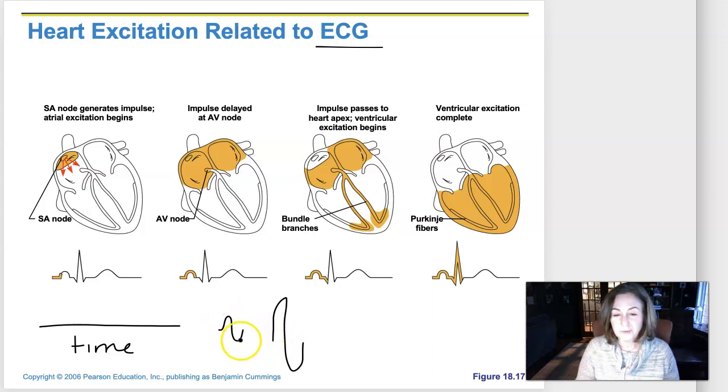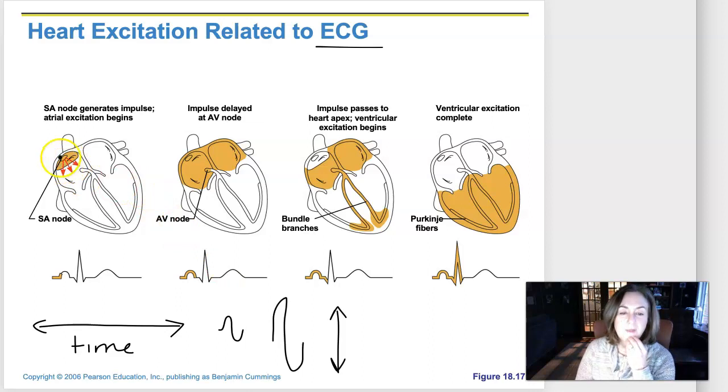It's just to basically understand what this is. So horizontally, you're looking at time, and then vertically, on the y-axis, you're looking at the magnitude of the electrical event. So when the SA node starts to depolarize, do you see how we'd be able to pick that up on an ECG? So I can see there's a little electrical change.